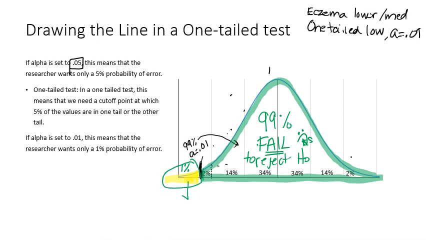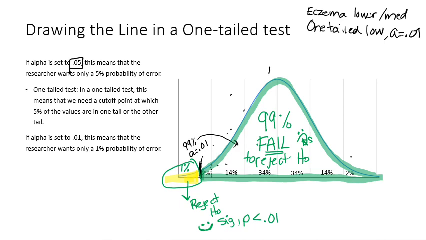And if the score fell here, we would reject the null hypothesis. The researcher would be happy, and we would have a significant result. The researchers say the probability of getting such a score by chance is less than 1%.